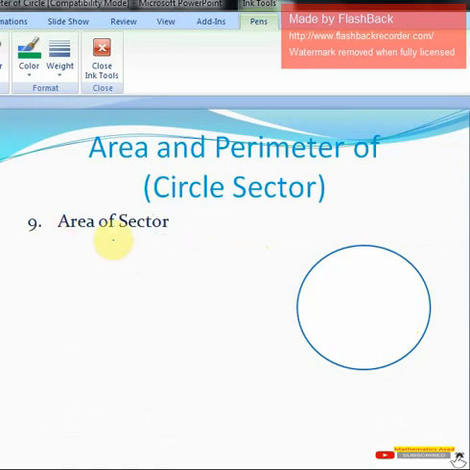Now area of sector. So the area of sector will be, we have to form this here. Suppose it is 100 degrees, radius is equal to 5 centimeter. Now this is the area. So area of sector must be equal to theta upon 360 multiplied by pi r square.